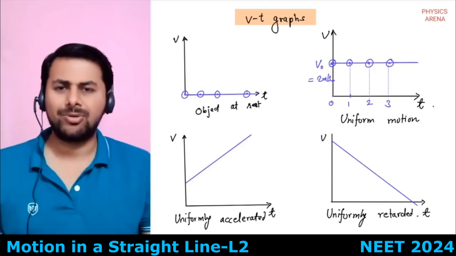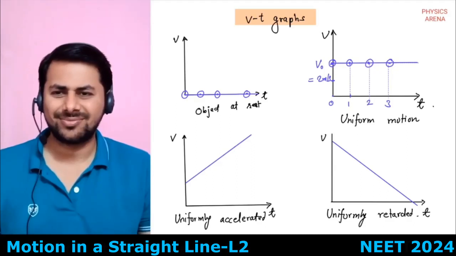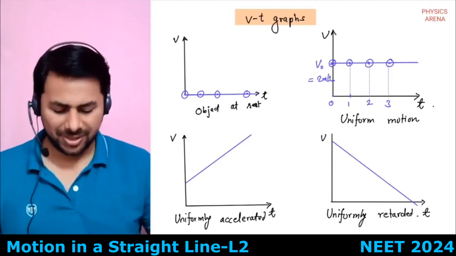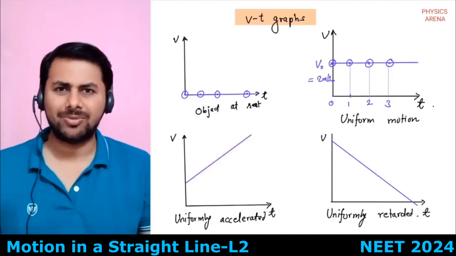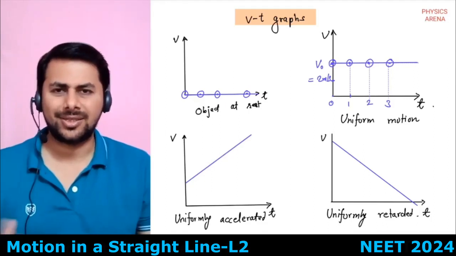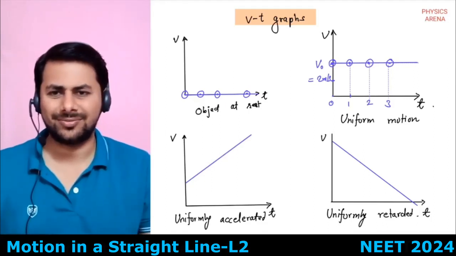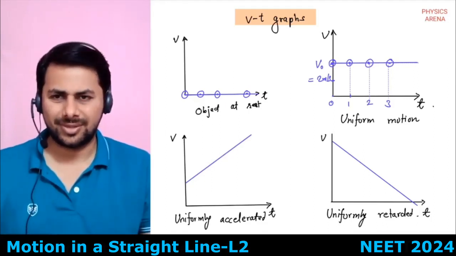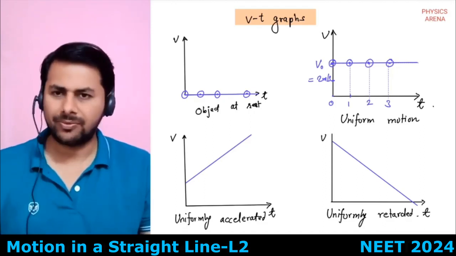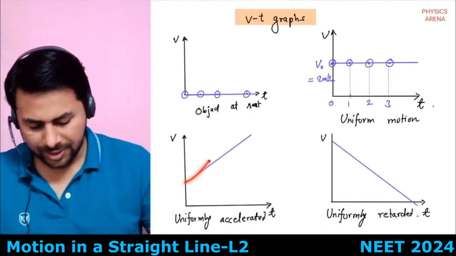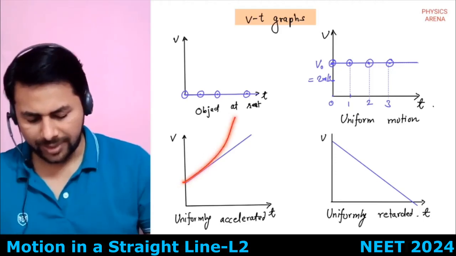Now this is uniform acceleration. How will the graph look like if the acceleration is increasing or decreasing? Curve, sir. It will be a curve. So if acceleration is increasing, the graph will go like this.